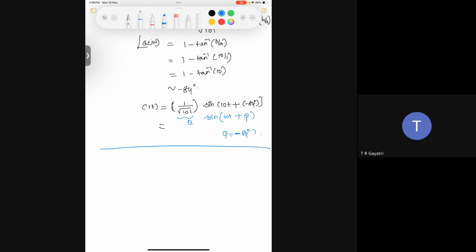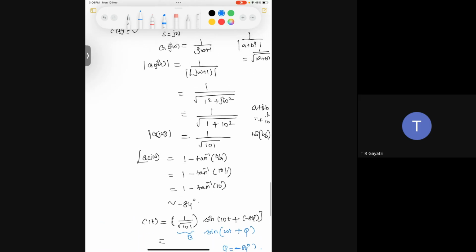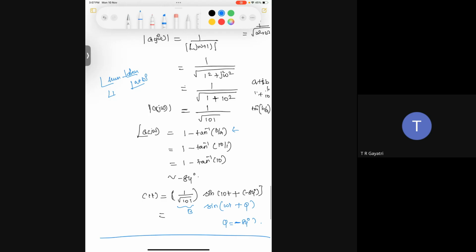Ma'am, that one is for the closed loop, right? Which one? Here, this one, the angle. It's numerator minus denominator. We take the angle of numerator minus the angle of denominator. The numerator angle is 0. In the angle of denominator, if I represent a complex number a plus bj, it would be tan inverse of b by a.